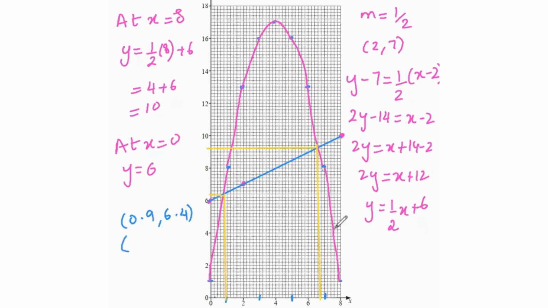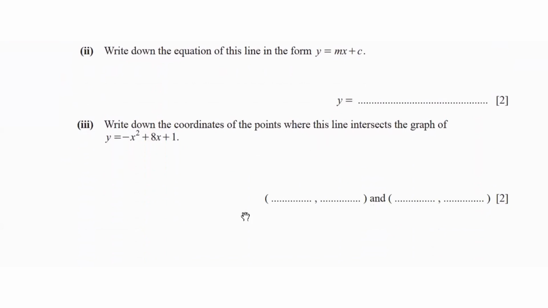And for the other one, it's x equals 6.7 or 6.8, and the y value is 9.2. So these are the solutions I'm getting for the intersection of the curve and the line. This is your answer to part 3.